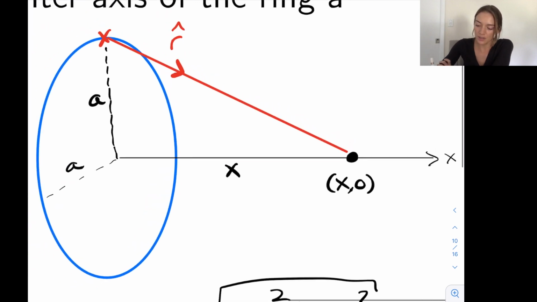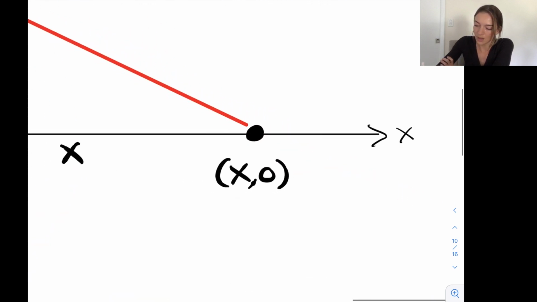Let's say the electric field due to this infinitesimal charge up here, at this point down here, is in the r hat direction, right? So if I extend it out a little further, it's just going to go like that. So this is the electric field due to that top point at the top of my ring.